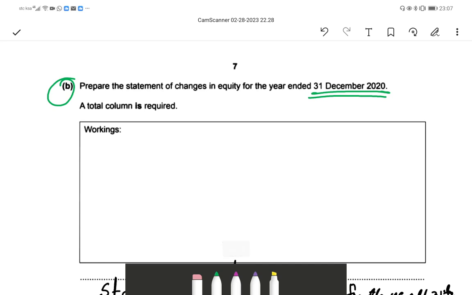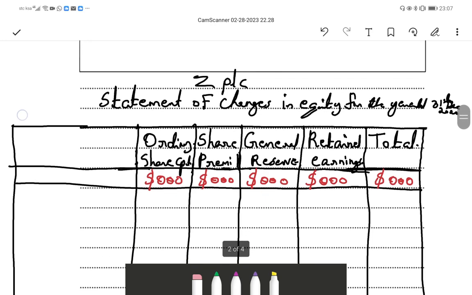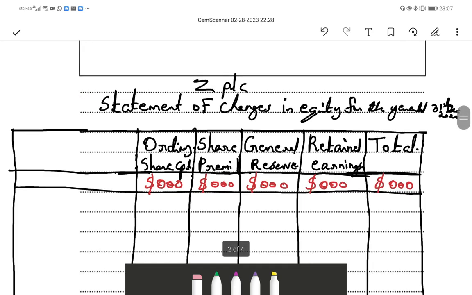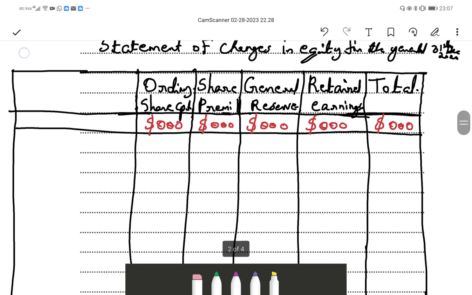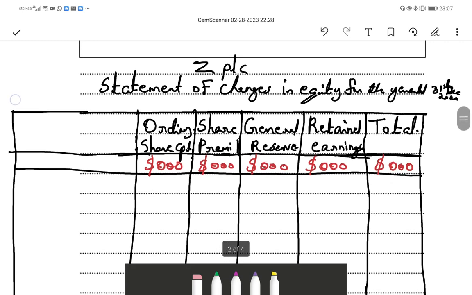Statement of changes in equity means it shows the changes in the equity or in the capital. They are given one working space. So first you draw statement of changes in equity. ZPLC statement of changes in equity for the year ended 31st December 2020. Here I already have drawn one statement of changes in equity.